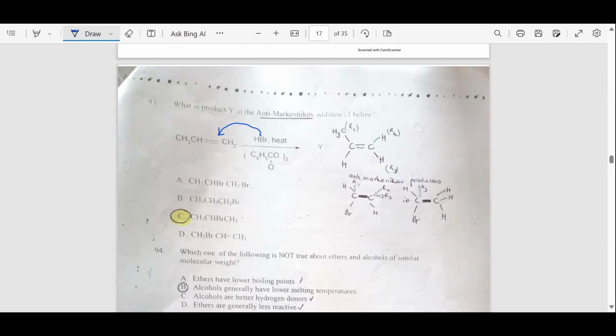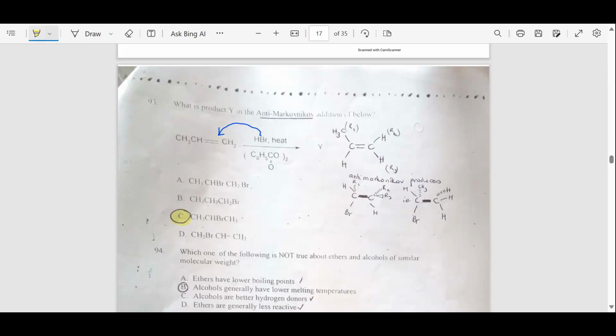So if you have a paper and you just draw it out, you'll be able to see where the double bond breaks and the bromine is added. So if you stretch out C, you'll see that the double bond has broken and you've put bromine on carbon number 2. And yeah, the molecule is just complete.